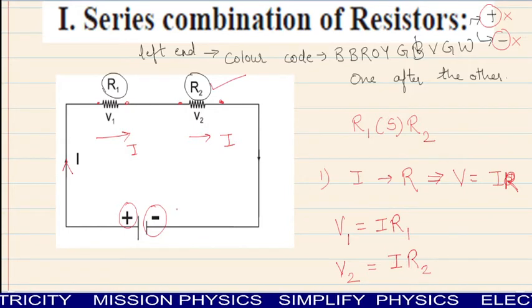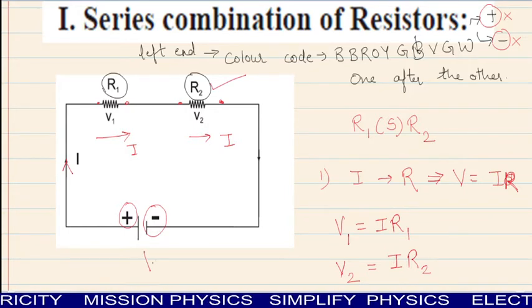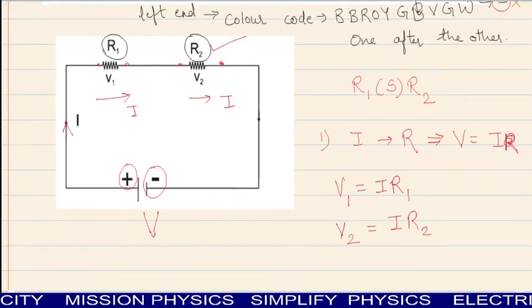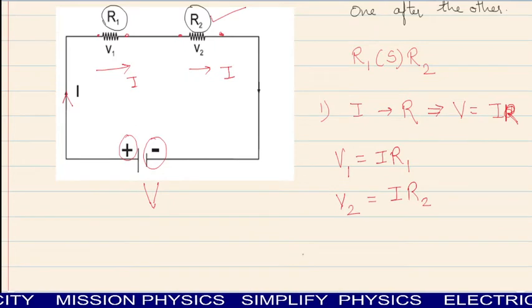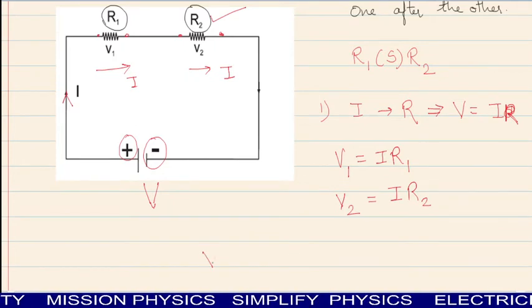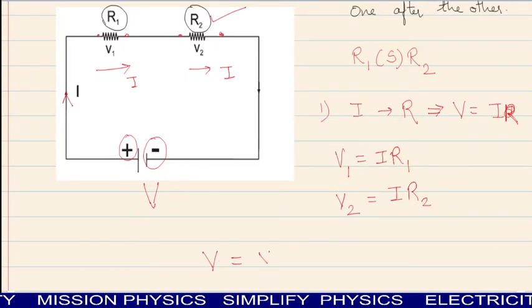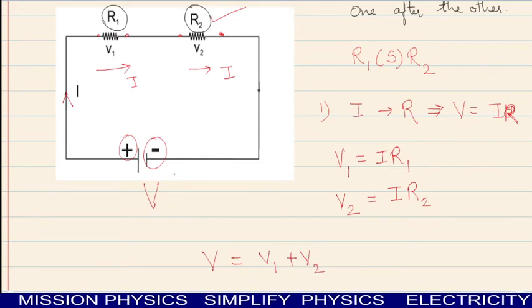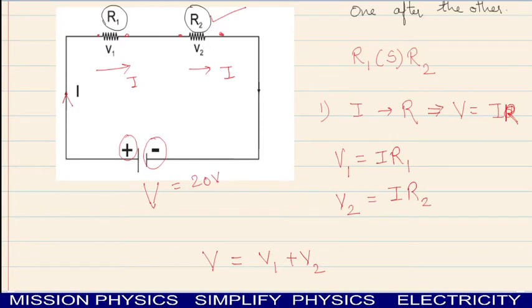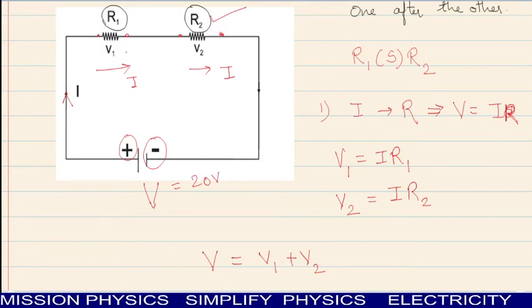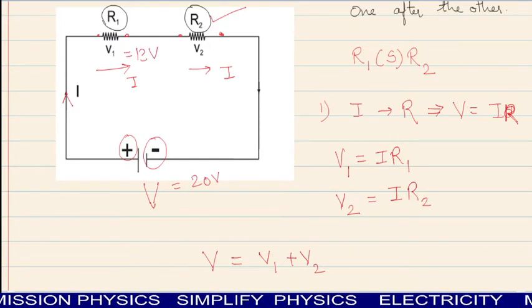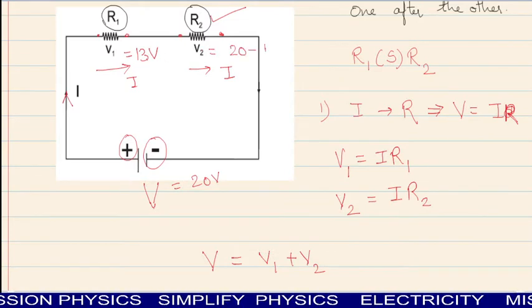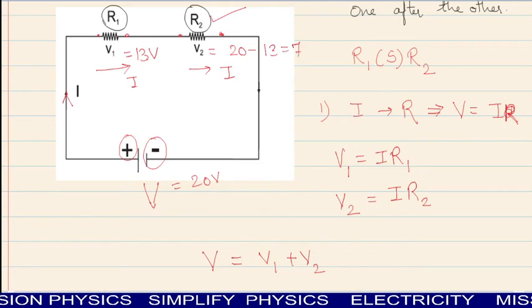Now let the total EMF be V, neglecting the internal resistance of the cell or battery. Then we can assume that the total potential difference is equal to V1 plus V2. So let's take an example. Suppose this is 20 volt and you got the value of V1 as 13 volt, then directly you can find out that V2 will be 20 minus 13, which means 7 volt.